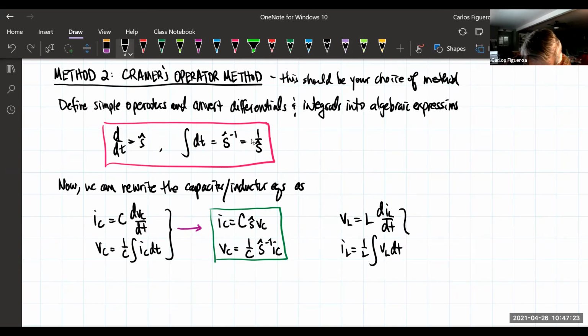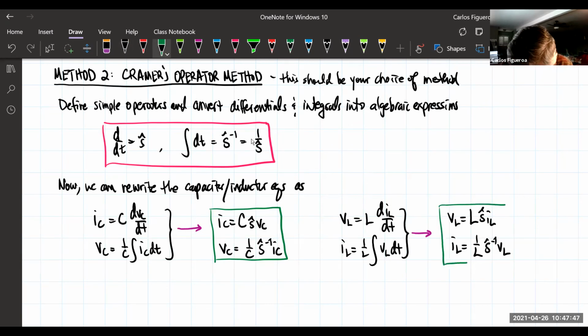If I convert these into operator equations, VL is going to be L s hat IL, or IL is going to be 1 over L s hat inverse times VL. This doesn't look like a big deal, but it's a game changer. It is a game changer without any doubt.